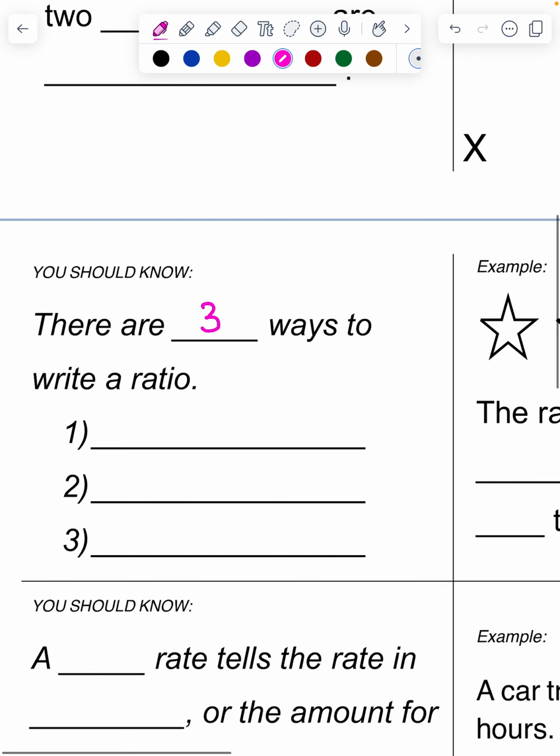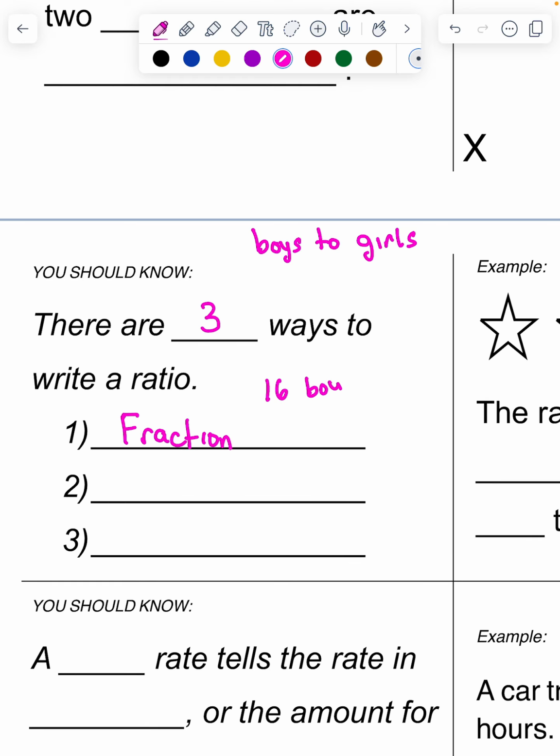If I have boys to girls, I can say as a fraction that there are 16 boys to 3 girls.